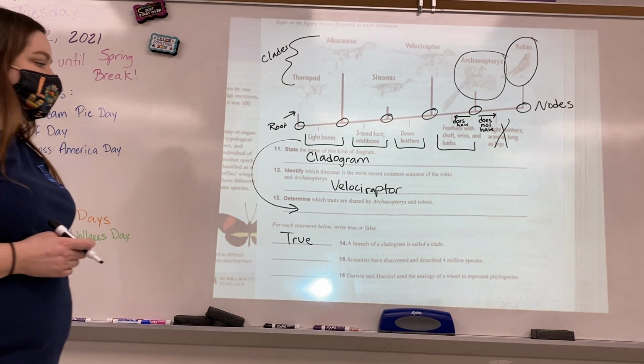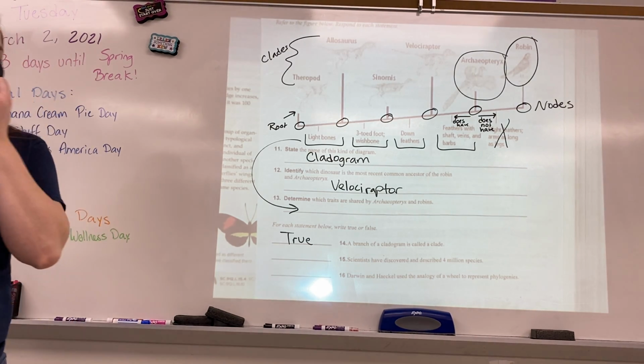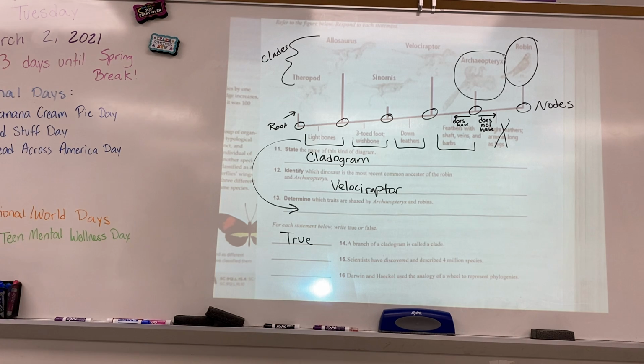Number 15, scientists have discovered and described 4 million species. Someone want to Google that for me? So what is... Oh, yes, that's true. 8.7.